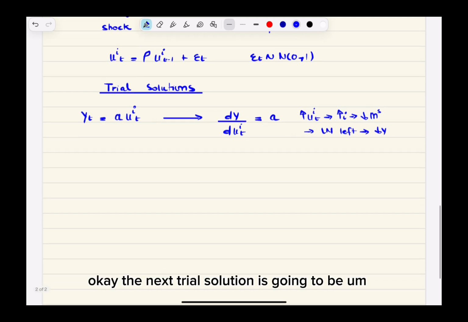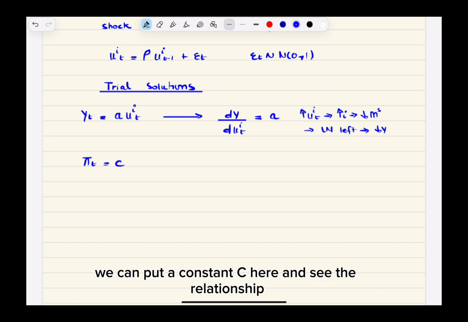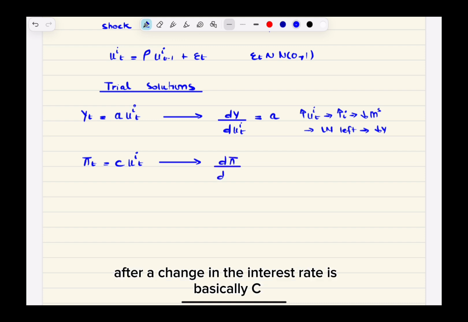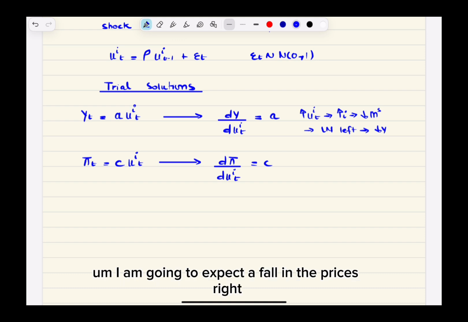Okay, the next trial solution is going to be, what was the next endogenous variable? Inflation. And we can put a constant C here and see the relationship. So the change in inflation after a change in the interest rate is basically C. And I know that when the LM shifts left, I am going to expect a fall in the prices, right?